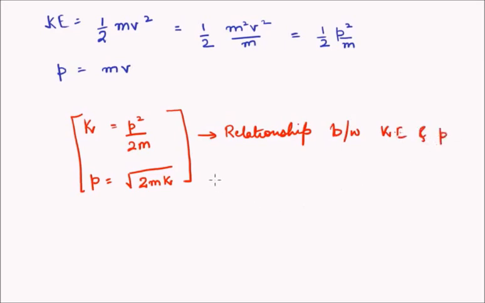What we can see from here is that kinetic energy is proportional to the square of momentum. Now we have seen the relation between kinetic energy and momentum. We know that the relationship between velocity and kinetic energy is half into m into v squared.